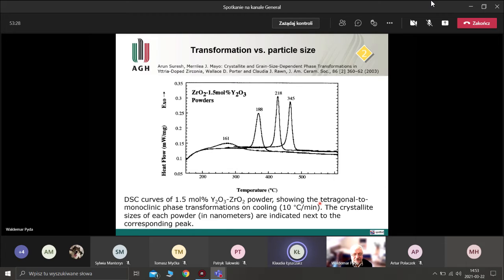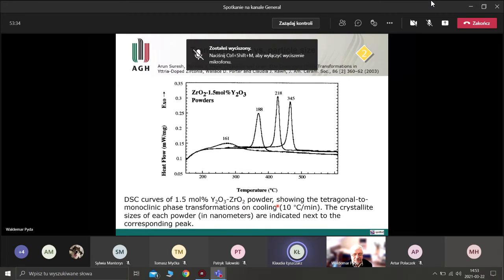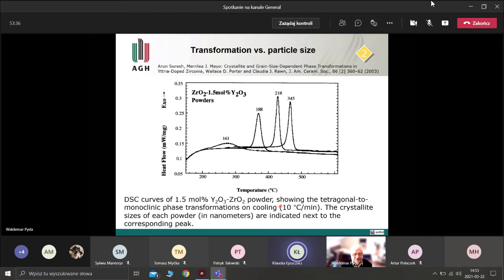Monoclinic phase into tetragonal. No, in a different direction, tetragonal to monoclinic phase. Yes, that's right. DSC curves showing the tetragonal to monoclinic phase transformation on cooling.